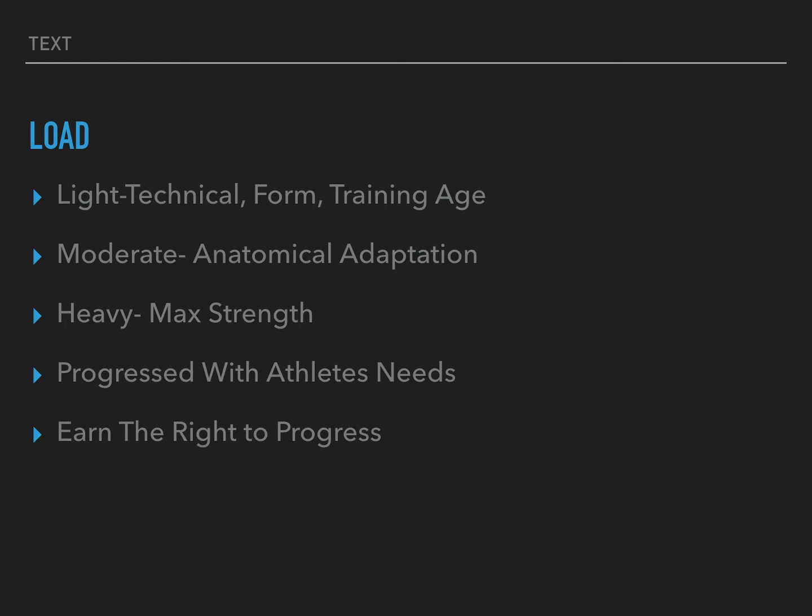If you're working more so an endurance sport, like tennis, or even MMA, boxing, where you require a good bit of shoulder endurance, you're also working through higher rep ranges, and you're working on that anatomical adaptation as well.